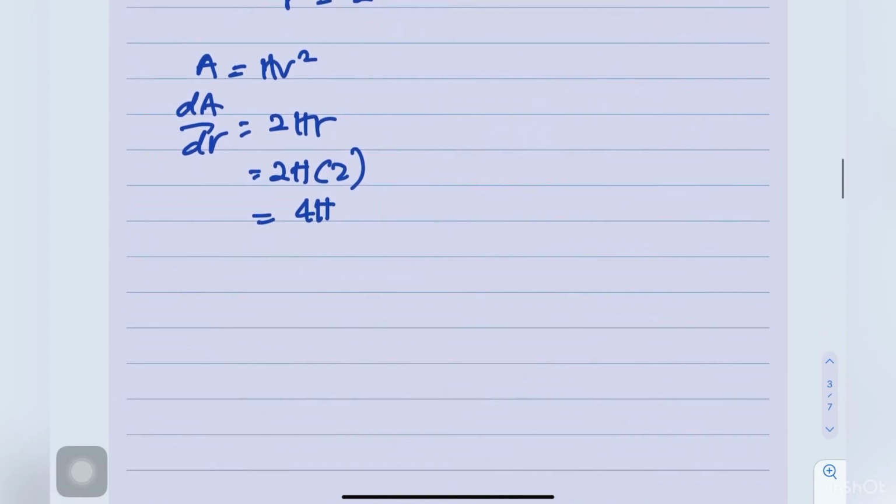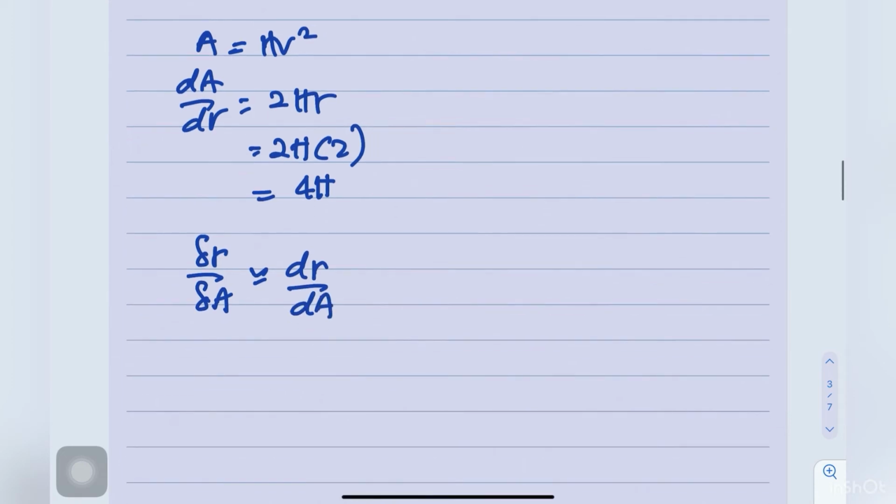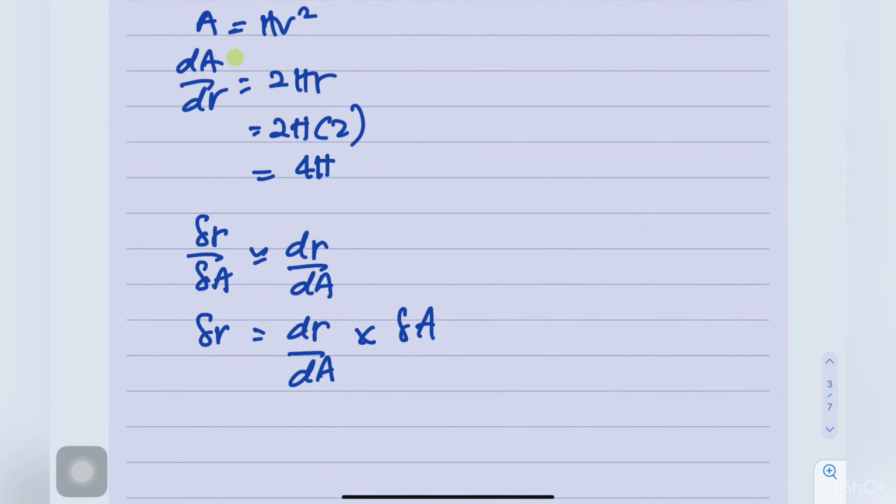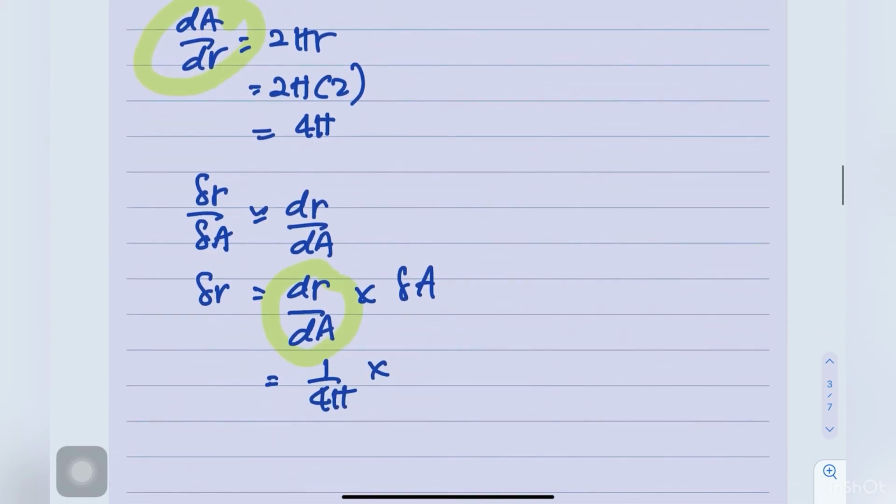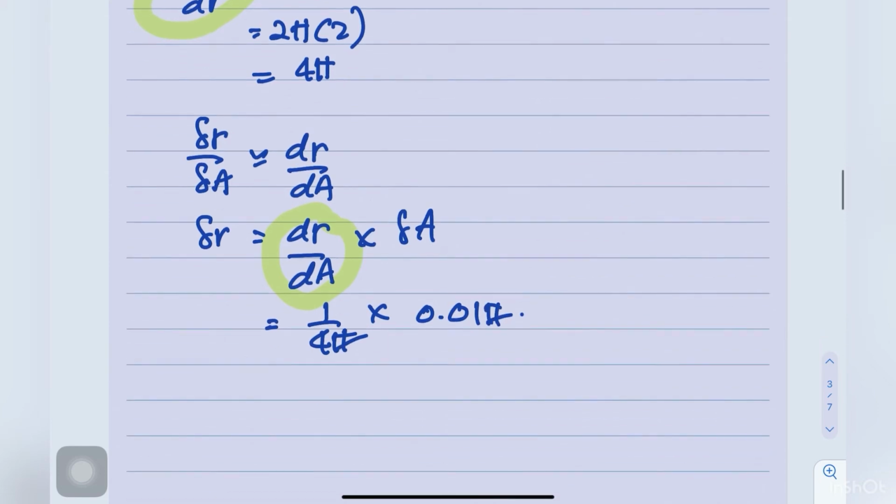We have the relation delta r over delta A is approximately dr/dA. So delta r equals dr/dA times delta A. Here we have dA/dr, we need dr/dA oppositely, so 1 over. The value is 1 over 4 pi times delta A, just now 0.01 pi.